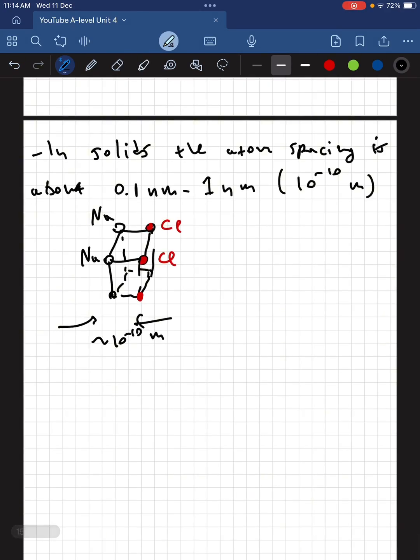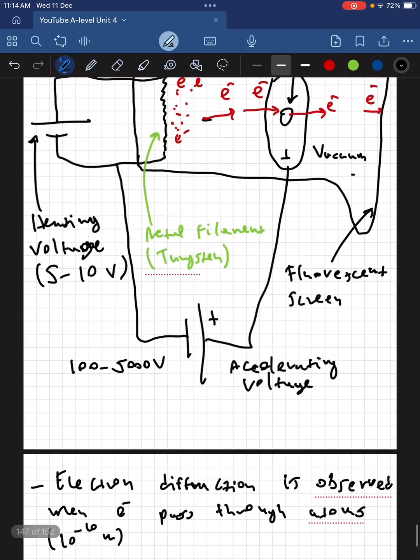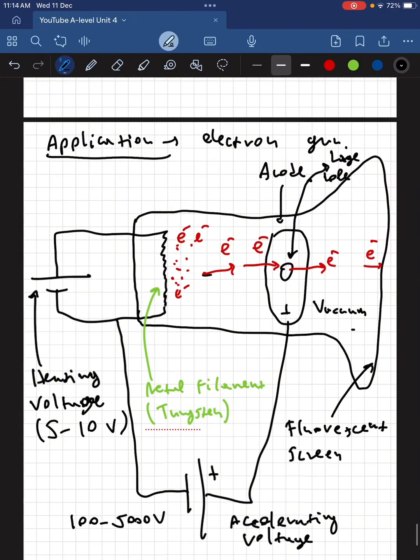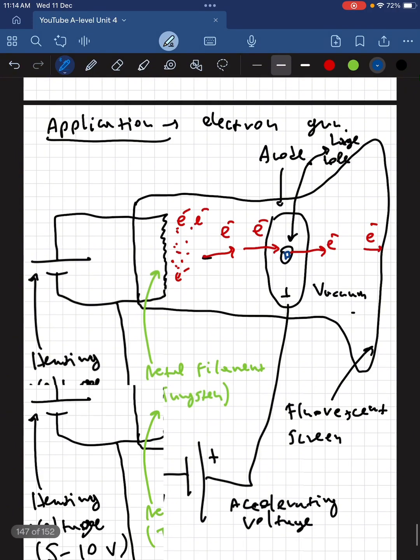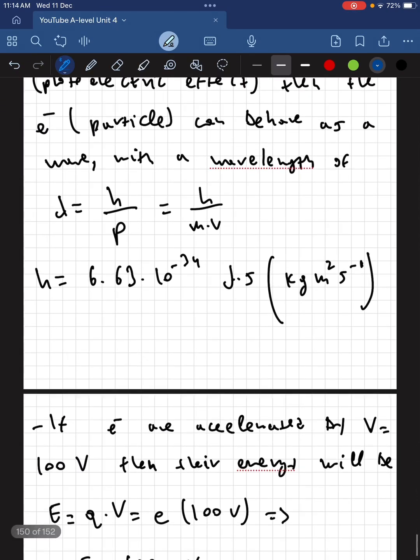Okay, so how do we verify this theory by de Broglie? If electrons are indeed waves, and we make the electrons produced by the electron gun, remember the electron gun we talked about earlier, pass through a small salt cube in the hole there, we will see interference phenomena, right?